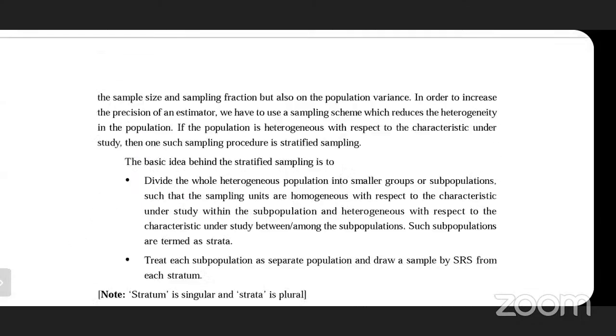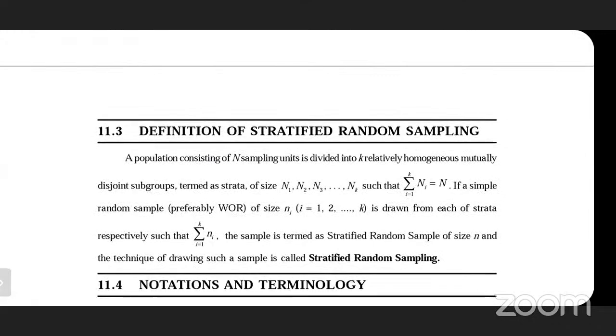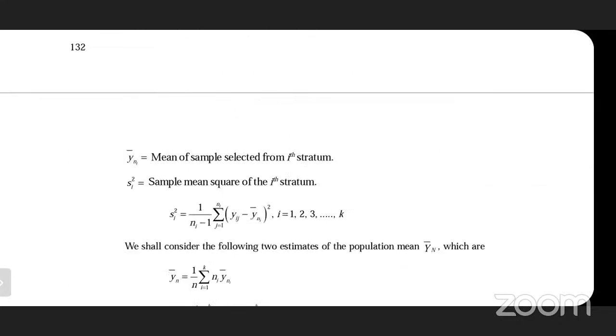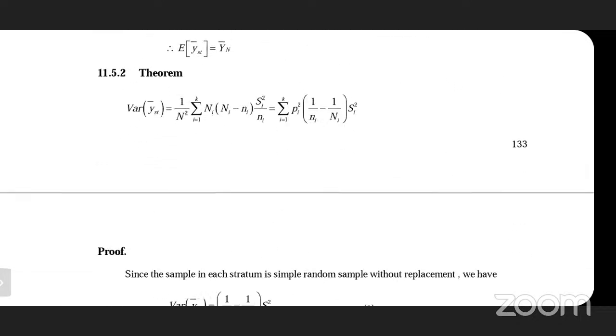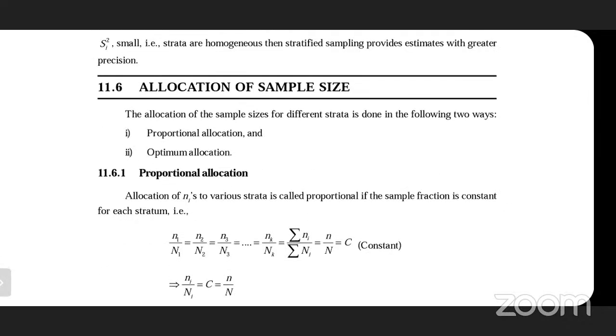We discussed the procedure of stratified sampling and the definition of stratified random sampling. Notations and terminology I discussed and explained clearly, and the properties of stratified random sampling I explained. Theorem I explained. And allocation of the sample sizes, proportional allocation and optimal allocation, I discussed.